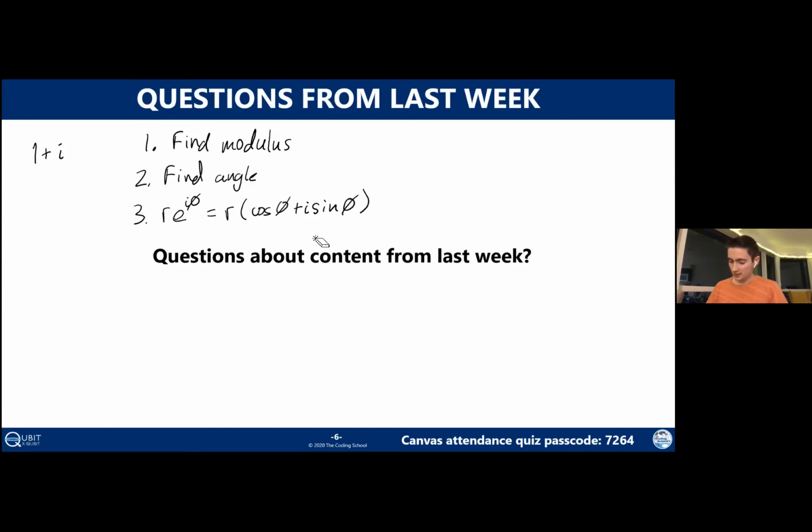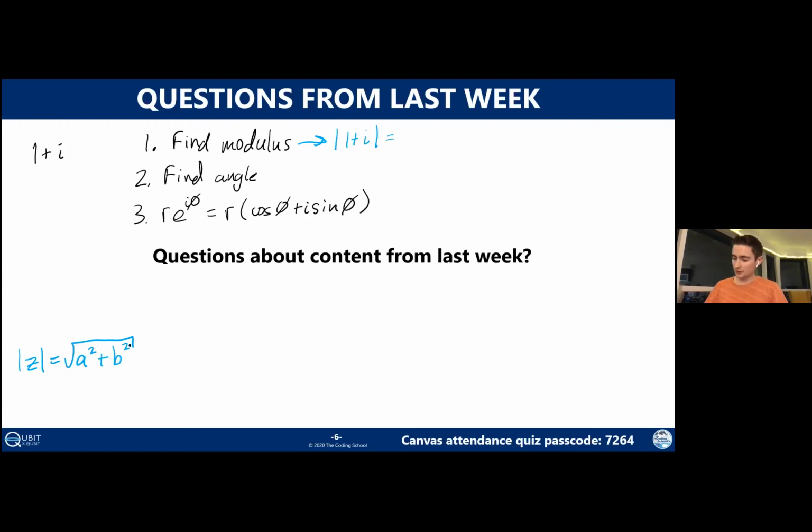So I'm going to follow through these steps. First of all, we will find the modulus of this number. Remember, the modulus of a complex number is written just with single lines around it, so I would write this as the modulus of 1 plus i. I'm just going to jump down here for a sec to write the more general form. The modulus of a complex number, we learned, was the square root of a squared plus b squared.